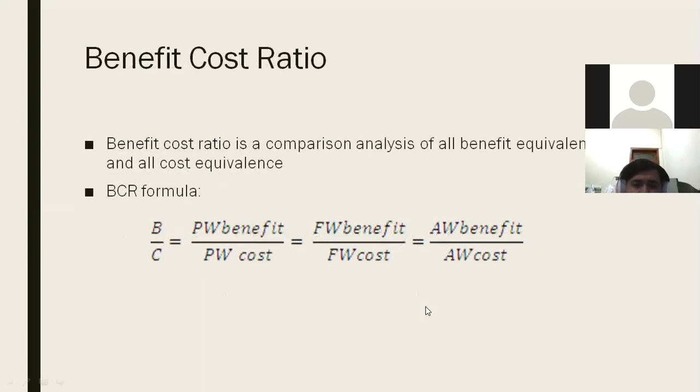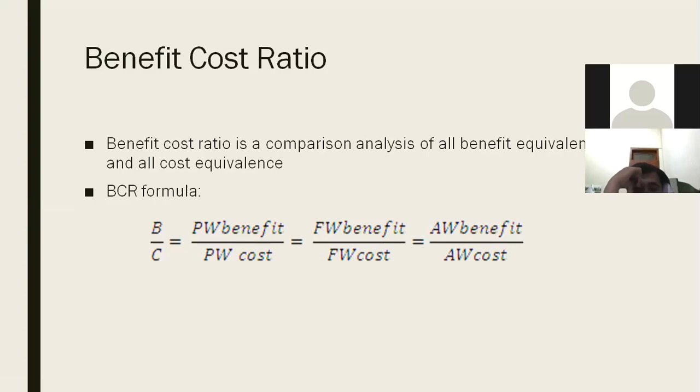But maybe you have to memorize the threshold itself, because if you learn the profitability index, which is another feasibility analysis, it has different meanings, because benefit cost ratio is just like the reverse of the profitability index.